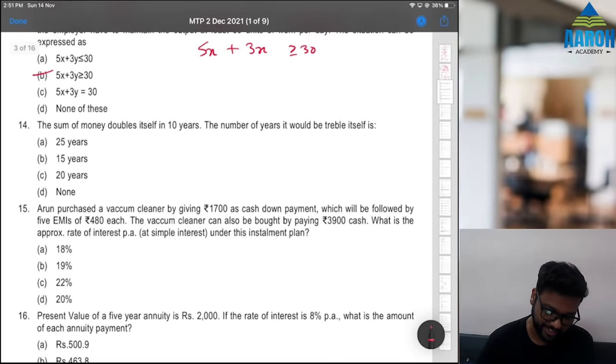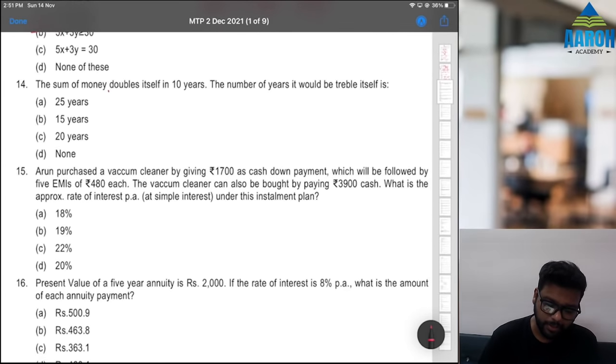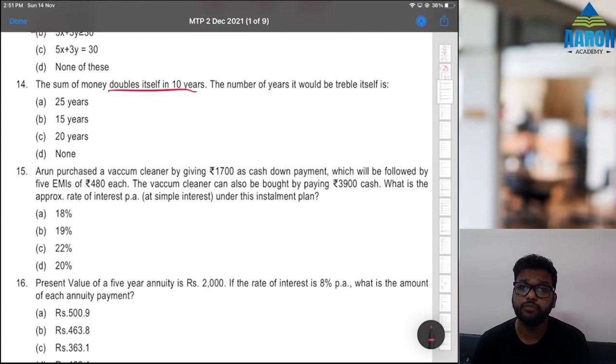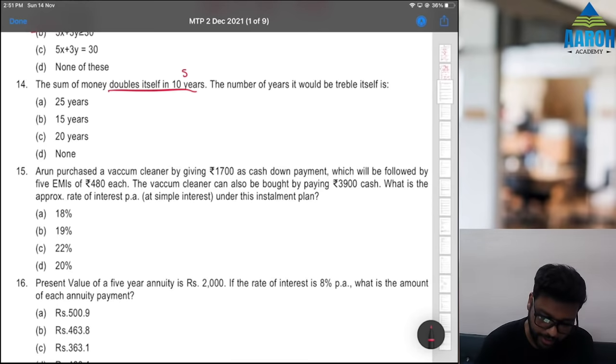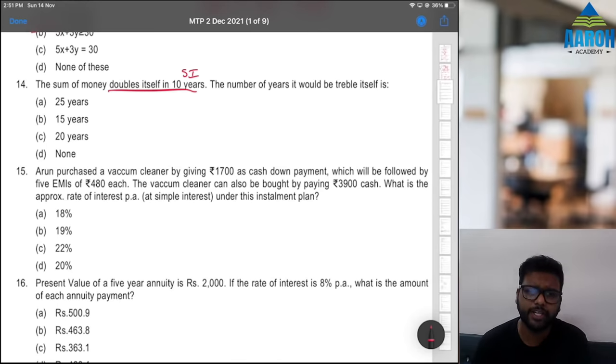Okay. Sum of money doubles itself in 10 years. The number of years it would triple itself is. Now these kind of questions are technically wrong because they should specify whether it is simple interest or compound interest. But let's assume it is simple interest. If principal is P, then amount will be 2P, and amount minus principal will give us interest.